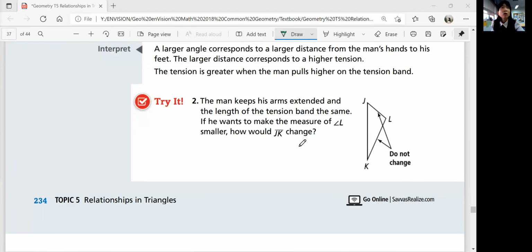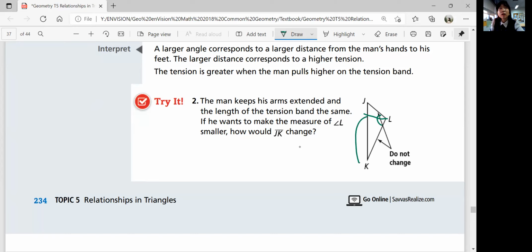Okay, so you can see that JL and KL do not change, but JK will change and the angle L will be changed, right? If it gets smaller, of course, the side opposite to that would get smaller as well.